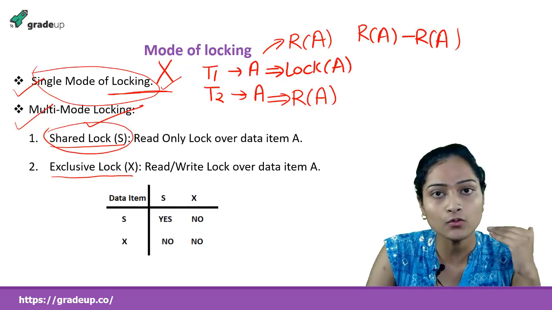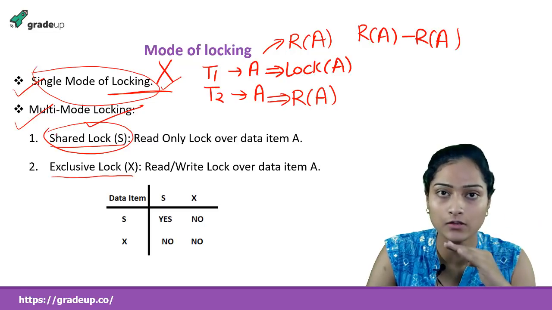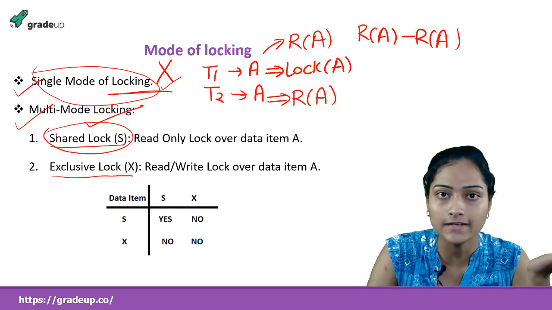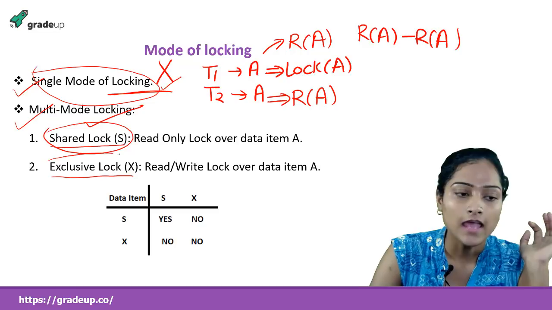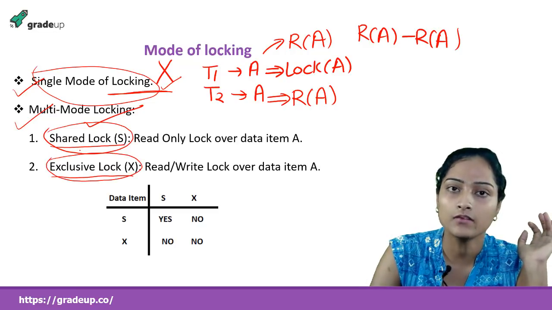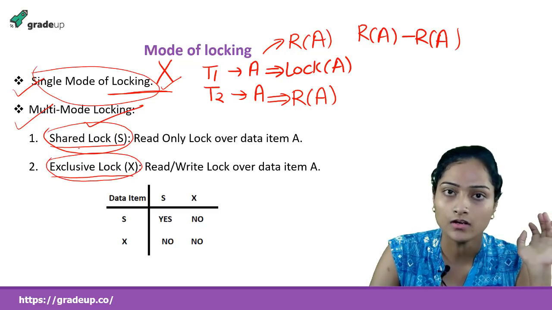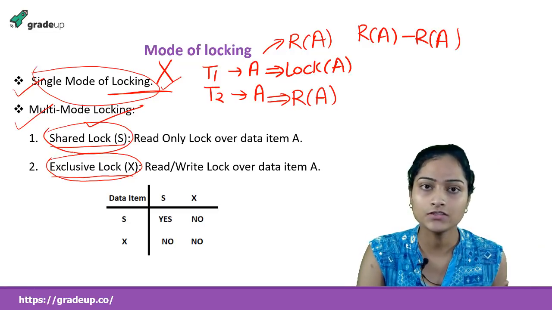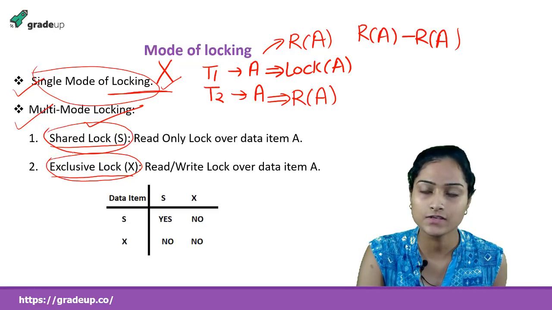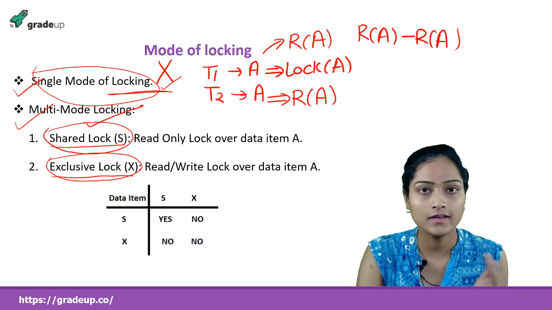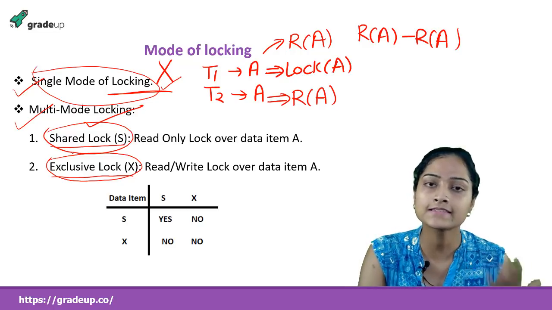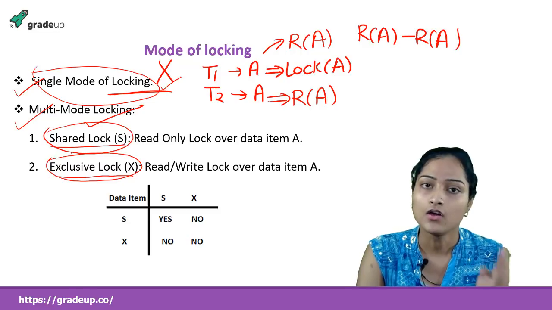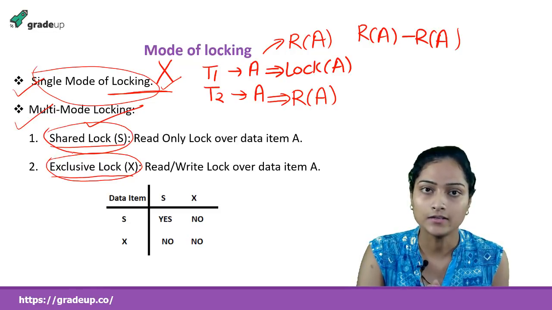But if you want to write that data item, that is, update it, then an exclusive lock will be granted by our concurrency controller. So in multi-mode locking, we have two modes: shared lock for reading a data item and exclusive lock for writing over that data item.